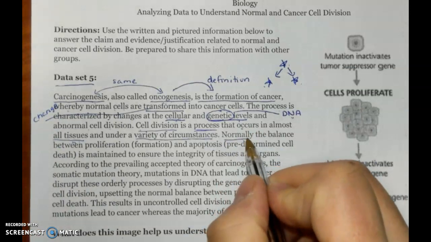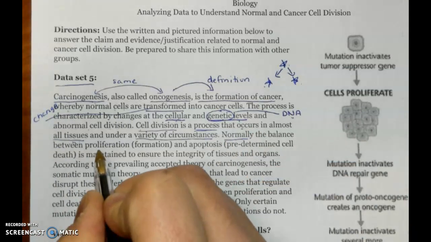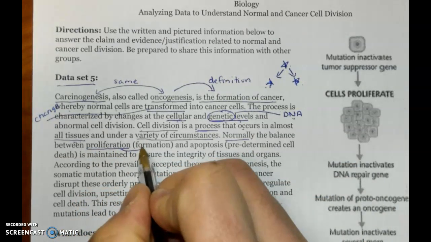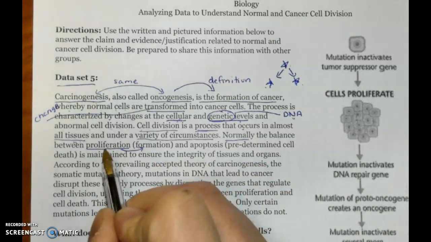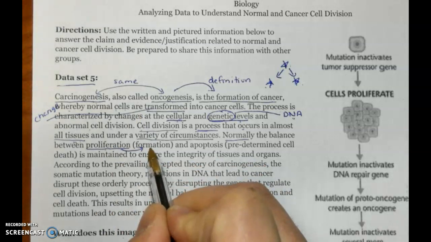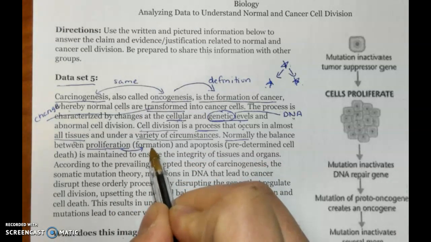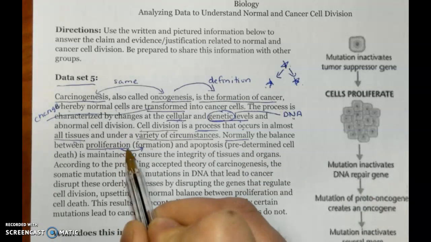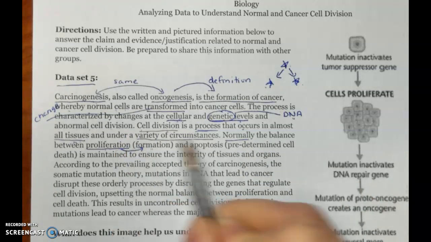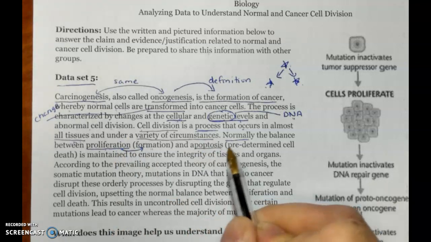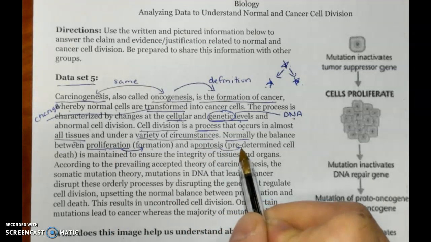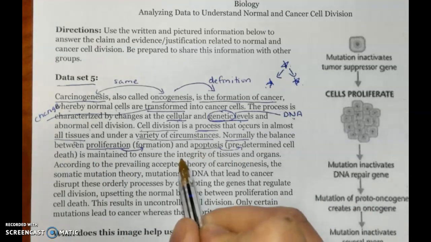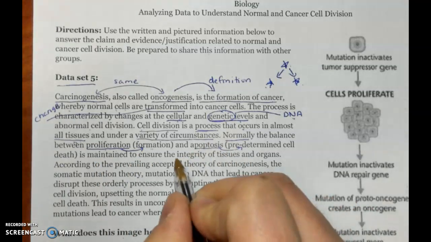Normally, the balance between proliferation, formation. Proliferation is a fancy word for formation, meaning to make or build something. So normally the balance between making cells and apoptosis, which we already have identified as cell death, is maintained to ensure the integrity of tissues and organs.